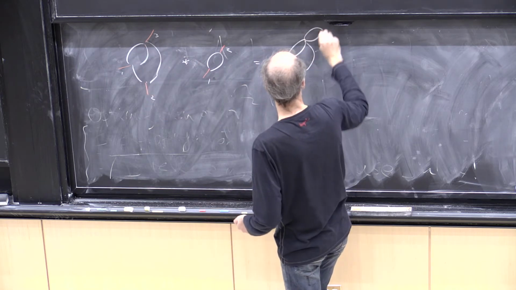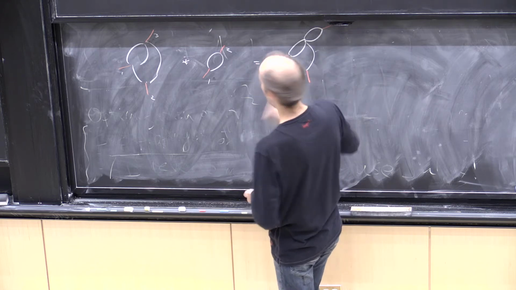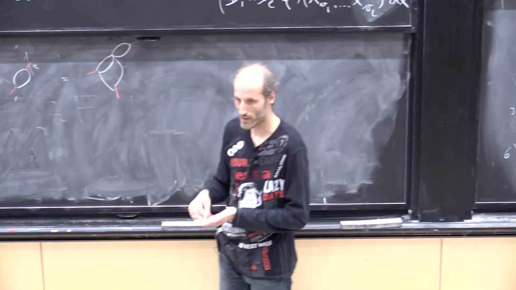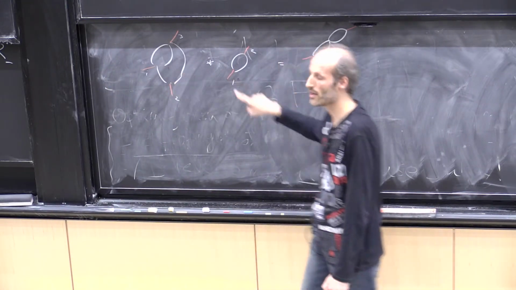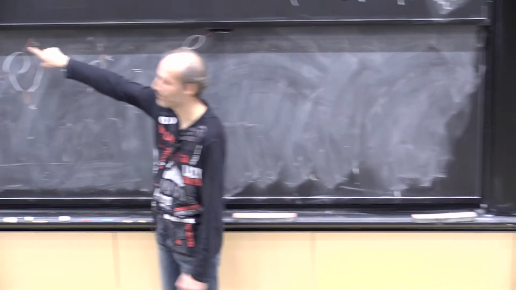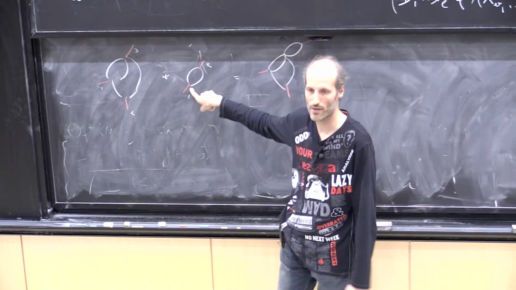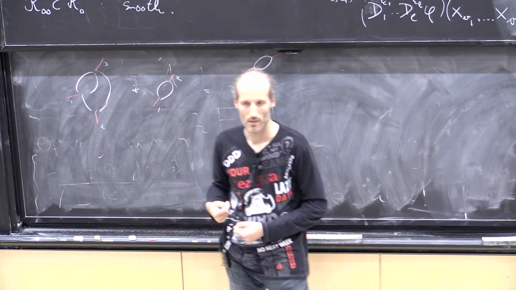So I get this. Right, so if you have k legs here and l legs here, you get k plus l minus 2 legs here because you delete the last leg of that guy and the first leg of that guy, which stick together. Okay?